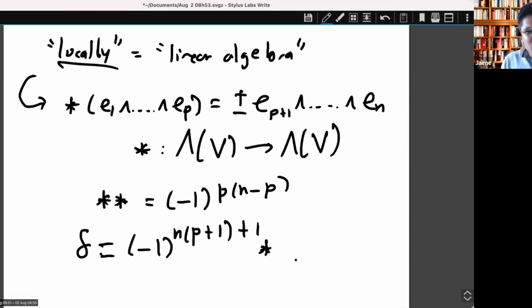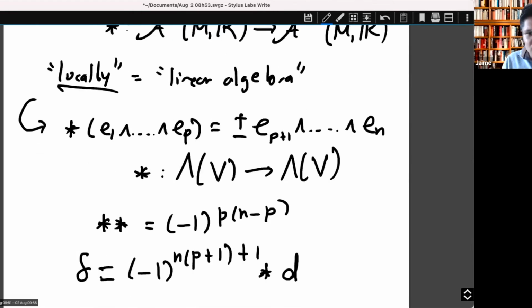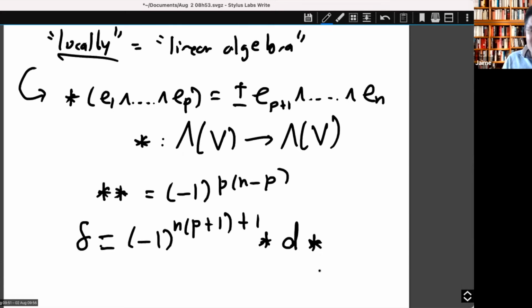And then what does this have to do with what we saw in the previous 40 minutes? Well, now I'm using the D operator, remember, the star operator is on forms. So we have the exterior derivative, and again, we use the star operator. This seems very technical.